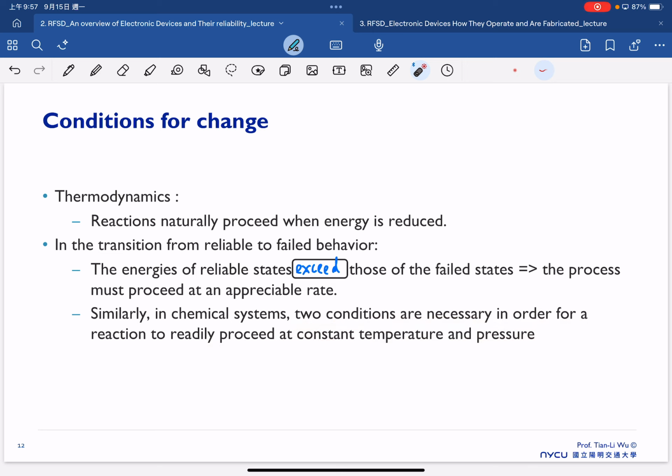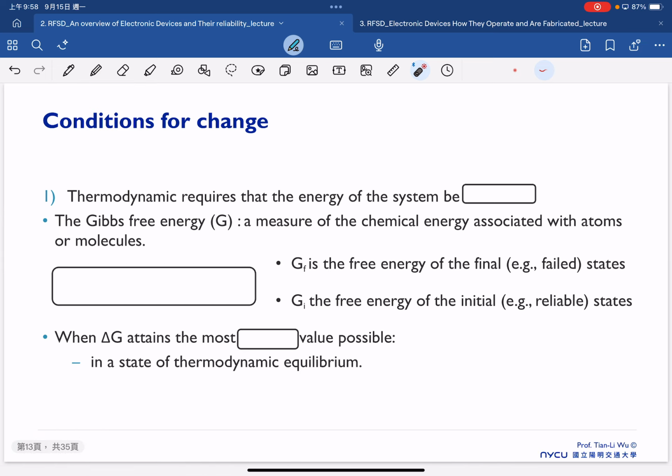When we talk about reliability, it's not new knowledge from semiconductors. It originates from basic chemical reactions related to thermodynamics. We already knew that the reaction will naturally happen from the reliable to the failed state, because the reliable state has a higher energy and the system wants to reach the minimum energy. So thermodynamics requires the energy of the system to be minimized.